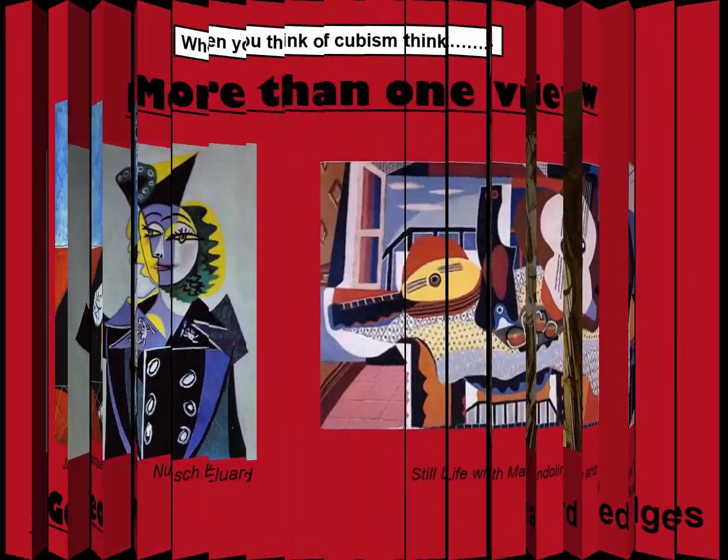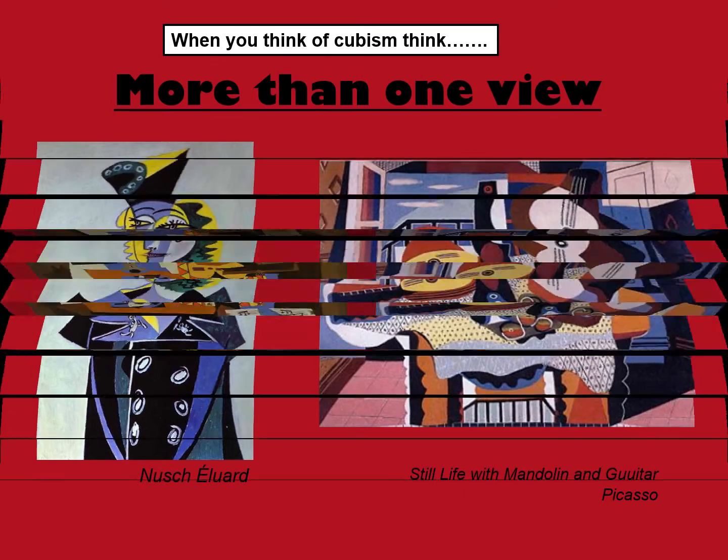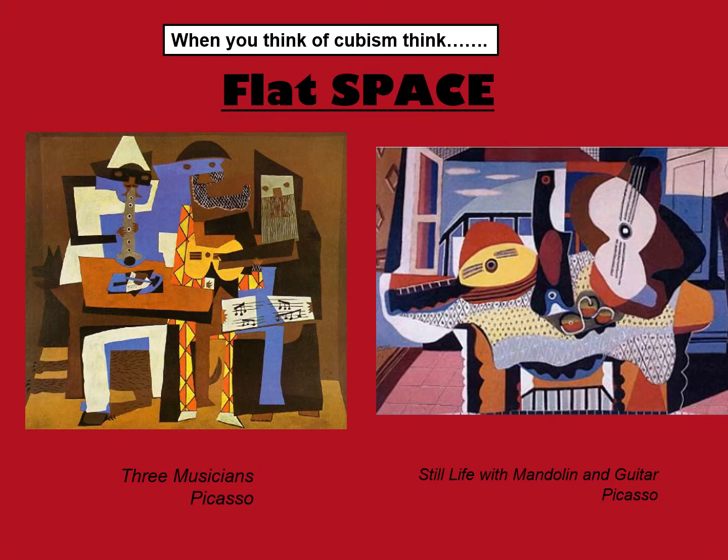When you think of Cubism, you think of more than one viewpoint. When you think of Cubism, you think of flat spaces.